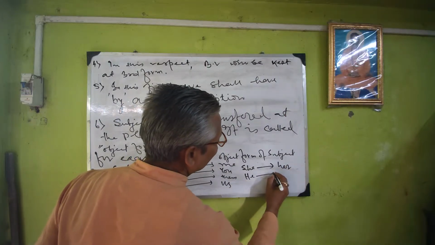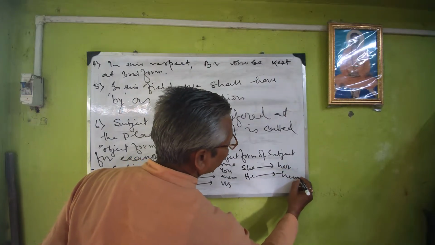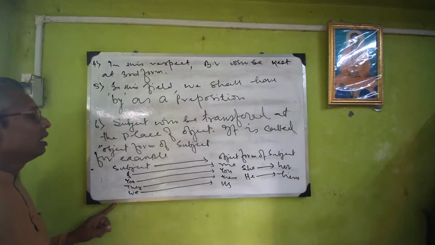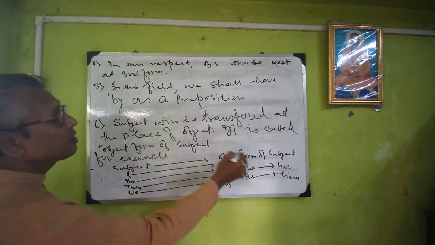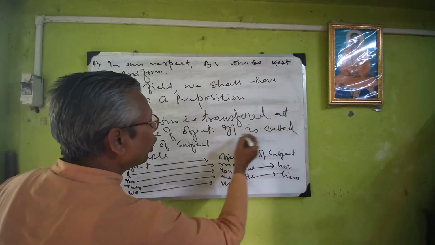He, arrow hyphen, him. It is called object form of subject.